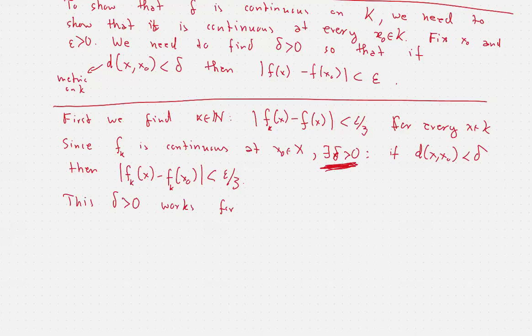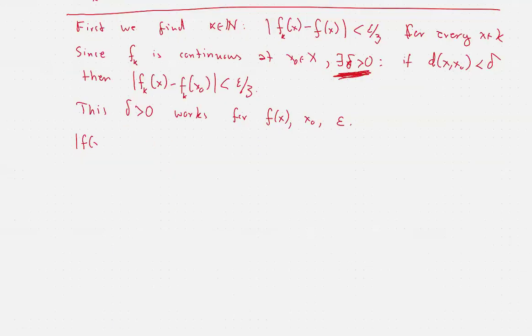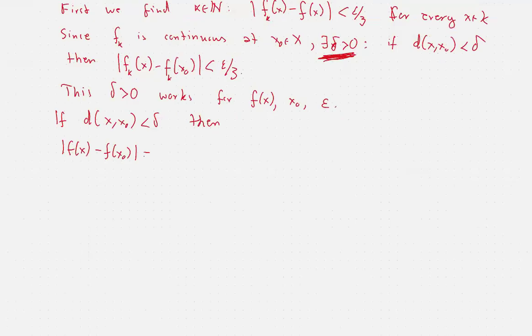Indeed, if the distance between x and x naught is less than delta, then f of x minus f of x naught, we want to relate these two things. We cannot relate them directly, but we can go through f sub k. And here it will become obvious why we needed epsilon over 3. So f of x minus f sub k of x plus f sub k of x minus f sub k at x naught plus f sub k at x naught minus f of x naught.